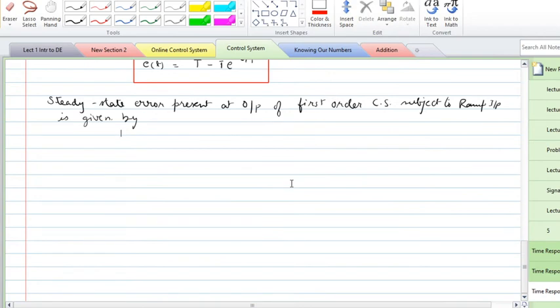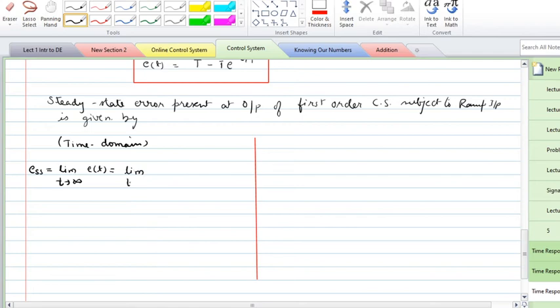So let's see both simultaneously. This is your time domain. In time domain, steady state error e_ss will be equal to limit t tends to infinity e(t), and this will be equal to limit t tends to infinity T minus T into e raised to power minus t by T. We will get the final result as T.